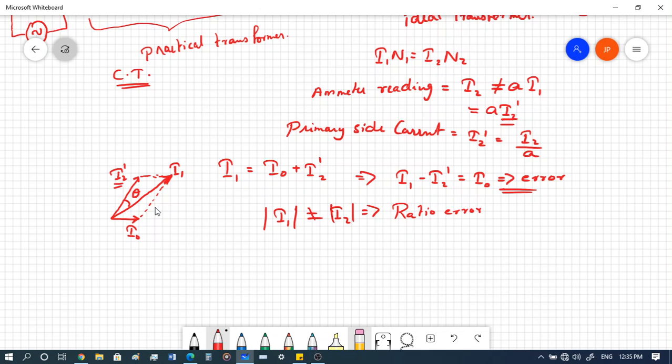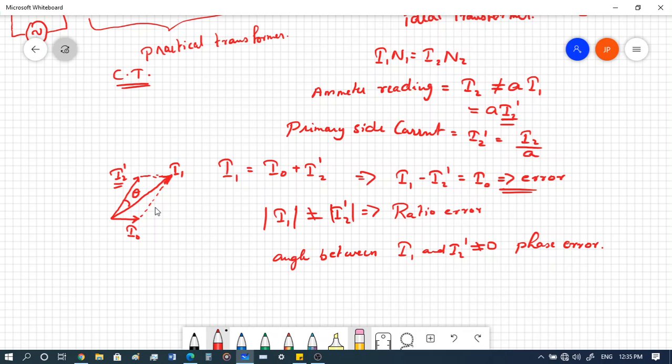And the angle between I1 and I2 dash, sorry, it's not I2, it's I2 dash, and also the angle between I1 and I2 dash is not equal to 0, which means that there is a phase error.